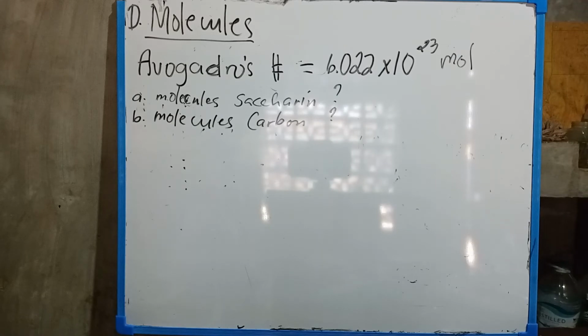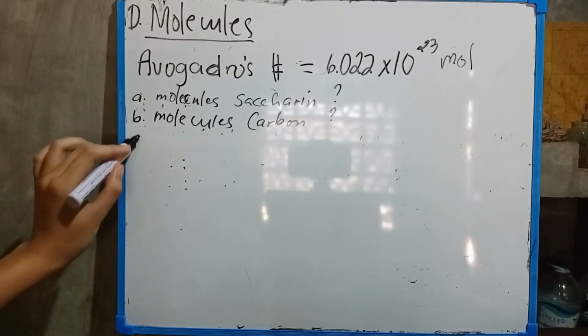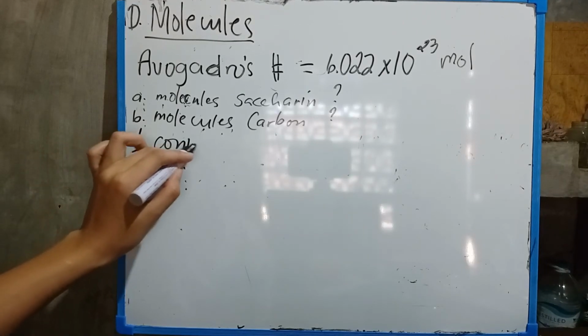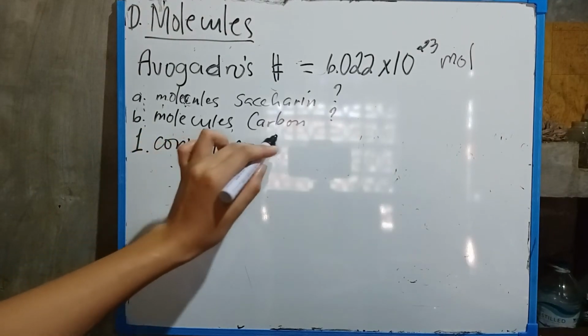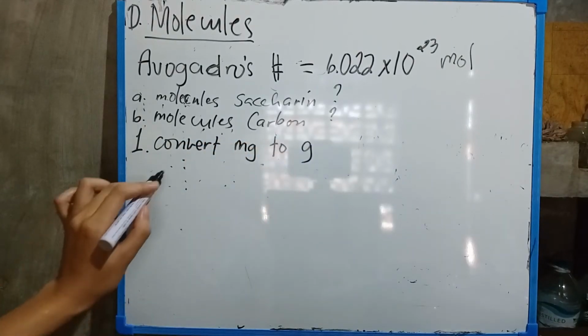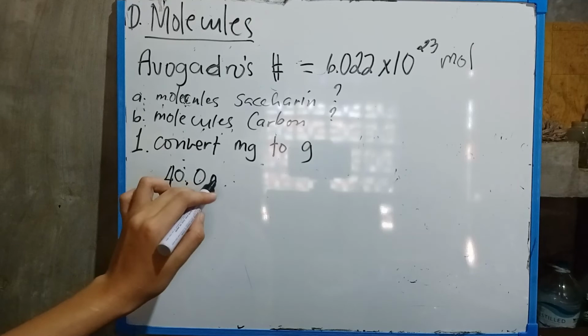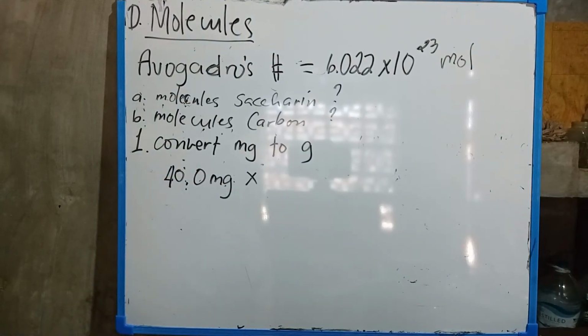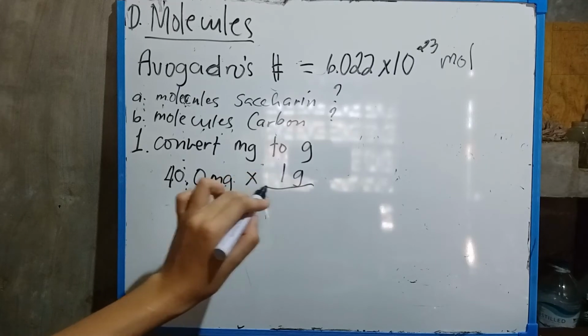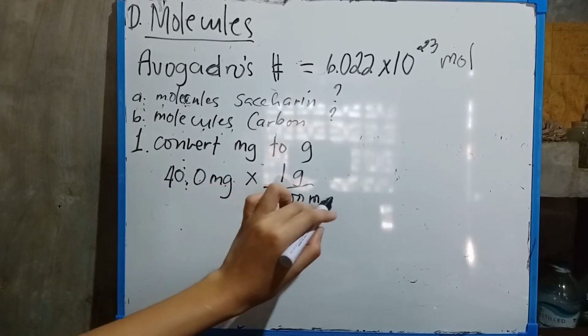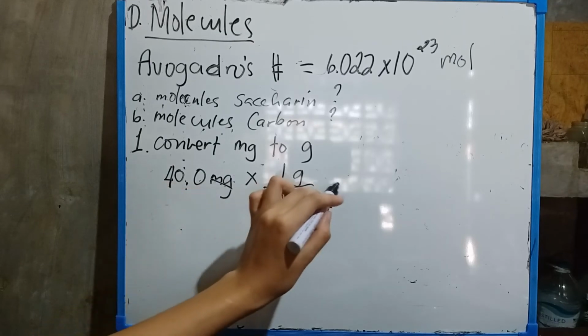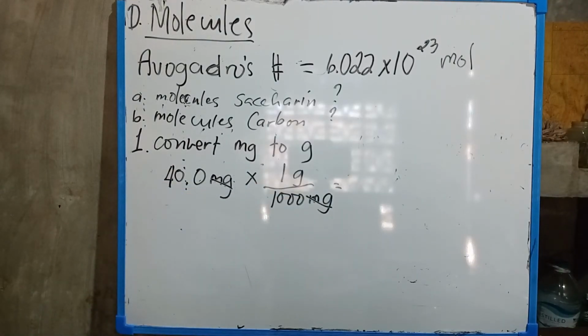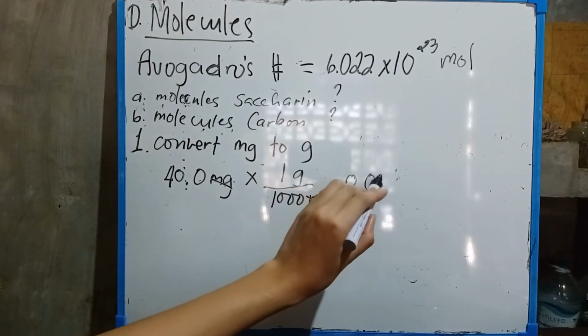So we have a 40 milligram sample. Since it is in milligrams, we're going to first convert. Our step 1 is to convert milligrams to grams. So we have 40.0 milligrams multiplied by 1 gram over 1,000 milligrams so that the milligram cancels out. 40 divided by 1,000 is 0.04 grams.